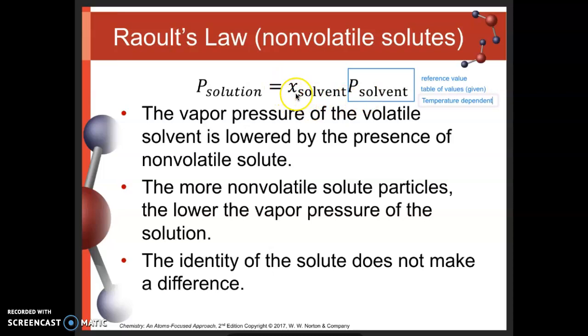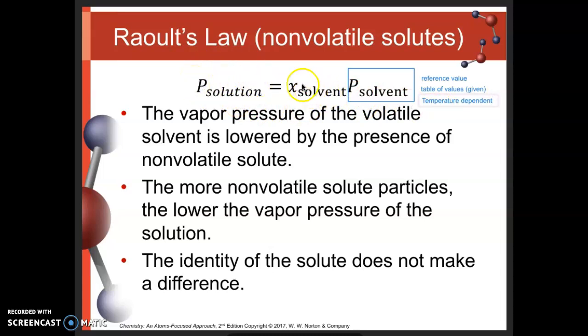This value, mole fraction, this is something that we can calculate. And we calculated this in a previous video where we looked at mole fraction overall. And so the product of these two will give us the overall solution vapor pressure.